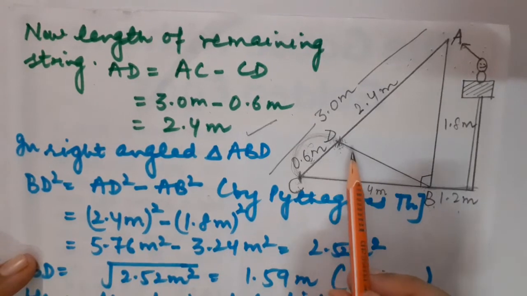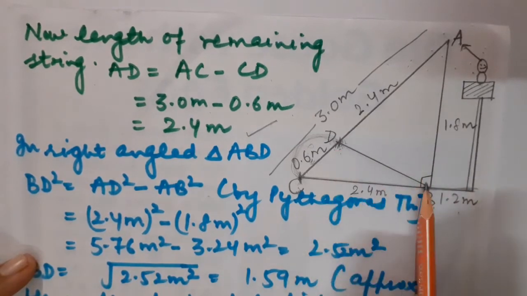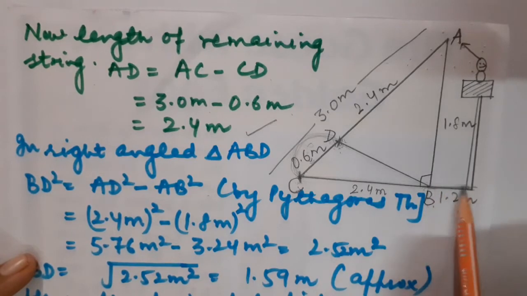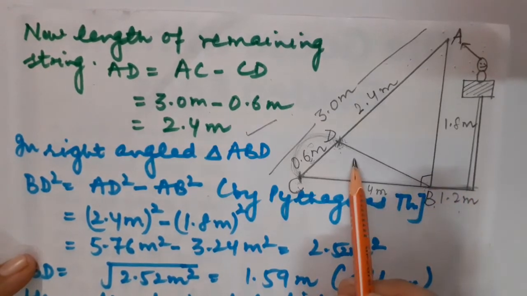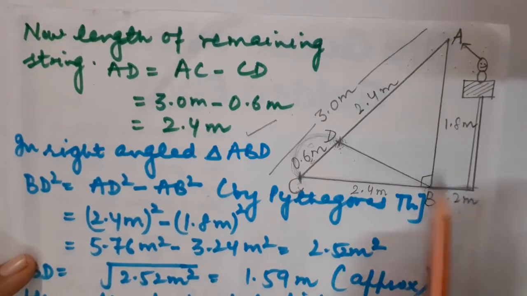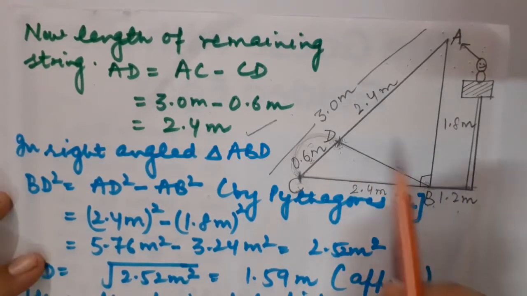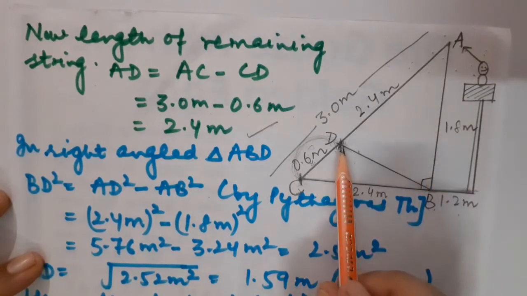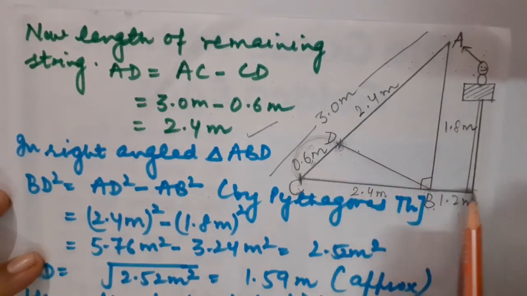So first of all we will calculate the distance BD, and then we will add this 1.2 meter to that distance BD, as we are going to talk about the horizontal distance. This is not the horizontal one. Got it? So what will be the horizontal distance? That is BD plus 1.2 meter.